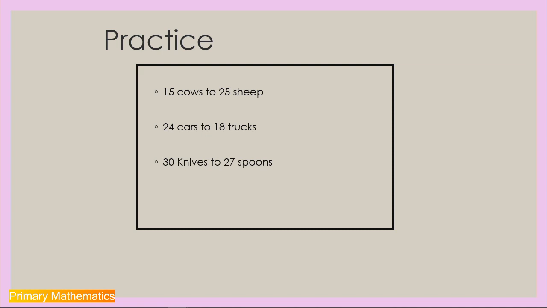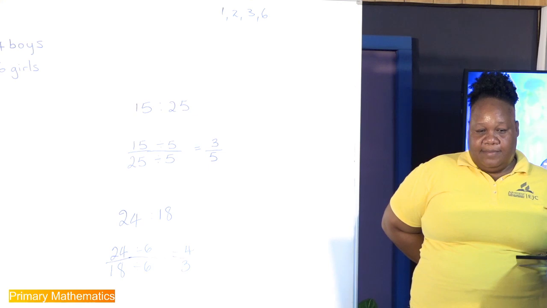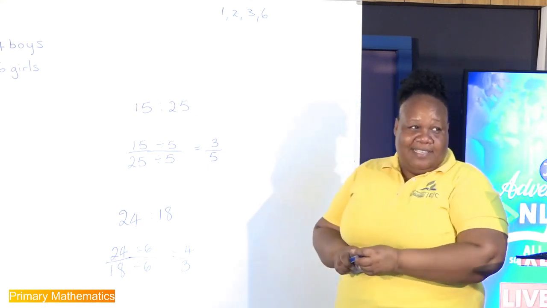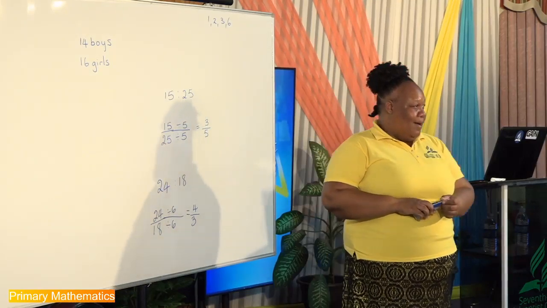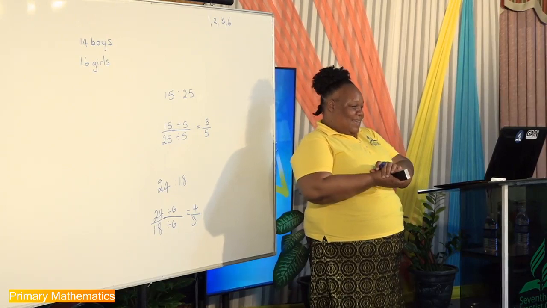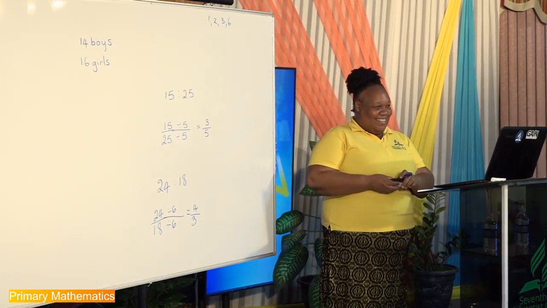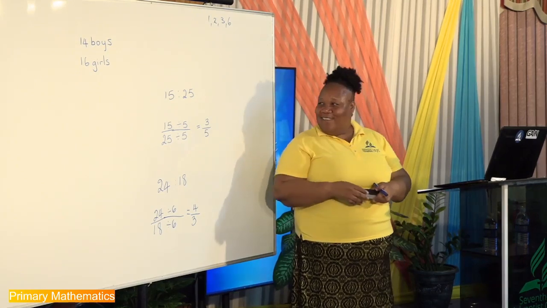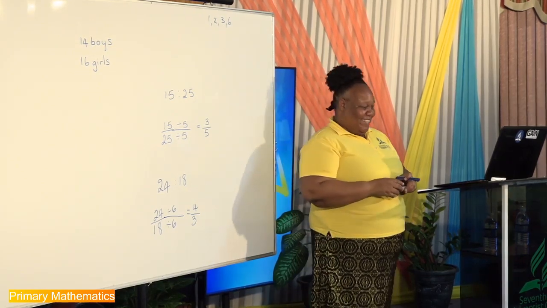So our ratio in its simplest form would be 10 to 9. Did you get that? 10 to 9. So give yourself a mark if you got all 3. Congratulations. Give yourself a pat on the shoulder. Very good.